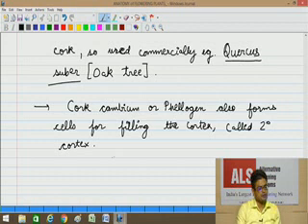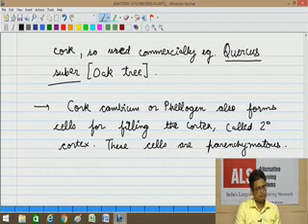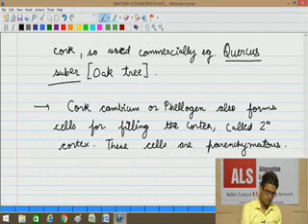These cells are parenchymatous. This is called secondary cortex.